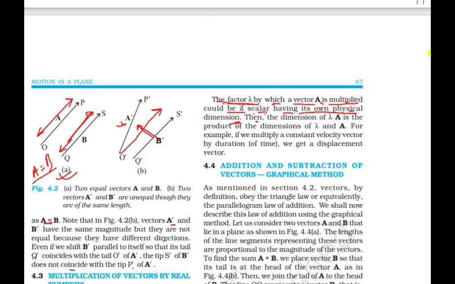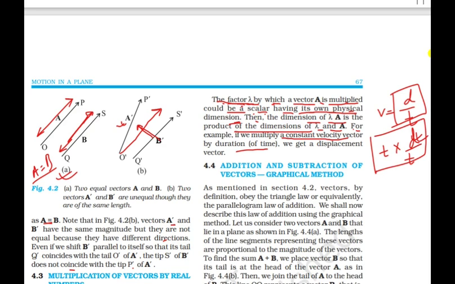Then the dimension of lambda A is the product of the dimension of lambda and A. Got it? Let me clear these things by example. If we multiply a constant velocity vector by a duration of time, what will happen? See, velocity is displacement by time, right? If I multiply this with time, then we will get only displacement. That is also a vector.